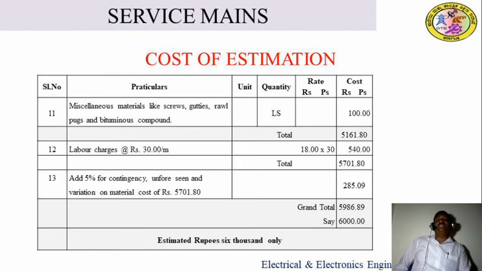Then next you have to include 5% contingency, for unforeseen items and variations in the material cost. Contingency means the office materials, papers, pens, rubbers, ink, etc. And including that, the market price of the items may suddenly change. Previously I calculated 5 rupees, in future, tomorrow it may be 10 rupees in the market.